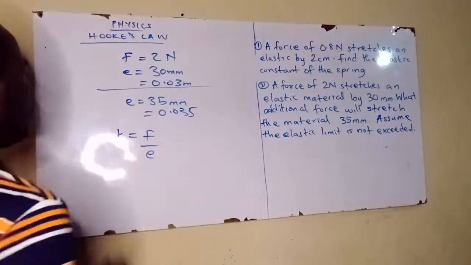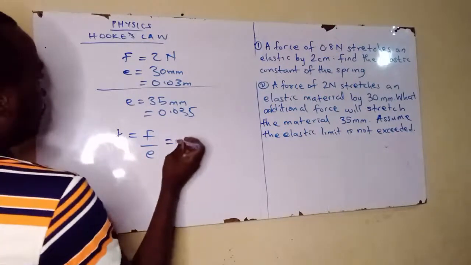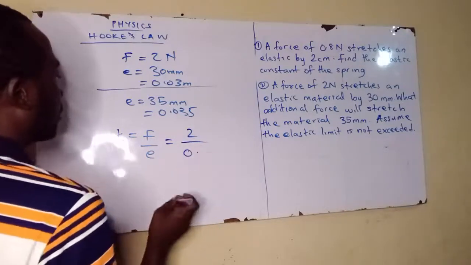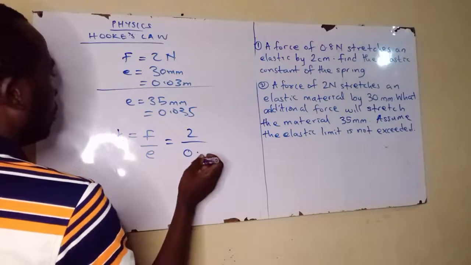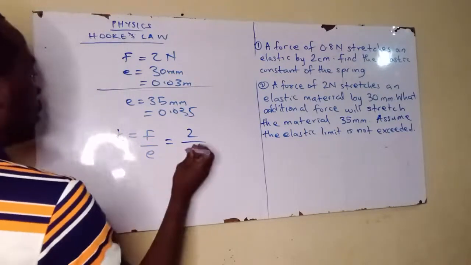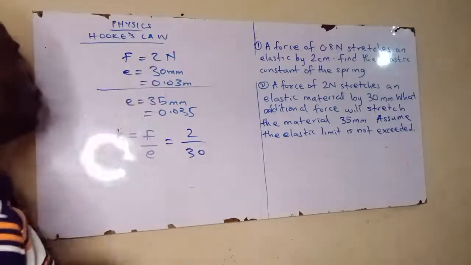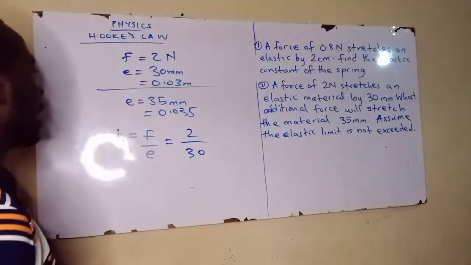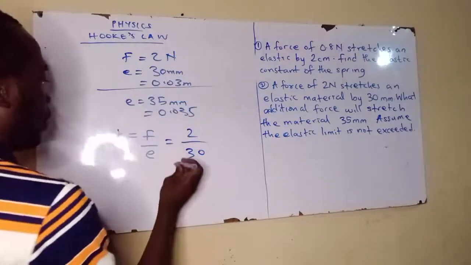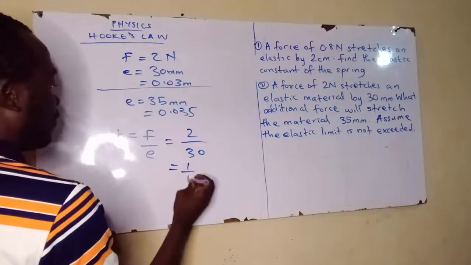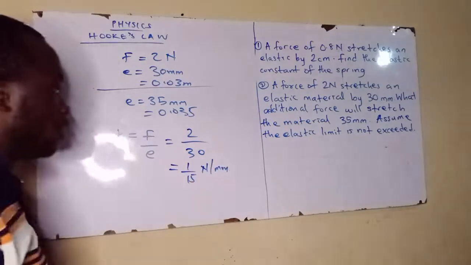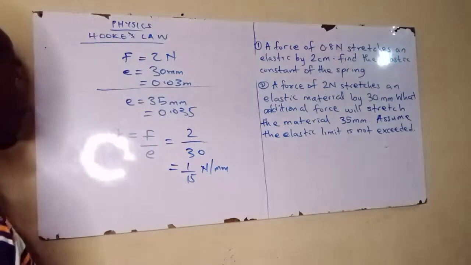F over E. So therefore we can say 2 divided by 0.03. Or rather, let me not use SI units, let me use mm here, it will be easier like this. So this one is going to be 1/15 Newton per mm. So I will not use Newton per meter for now. So 1/15 Newton per mm.